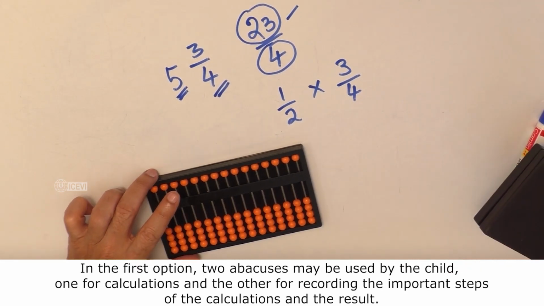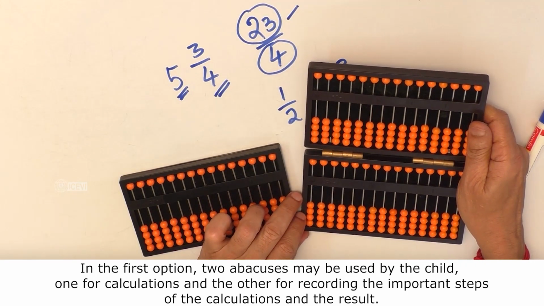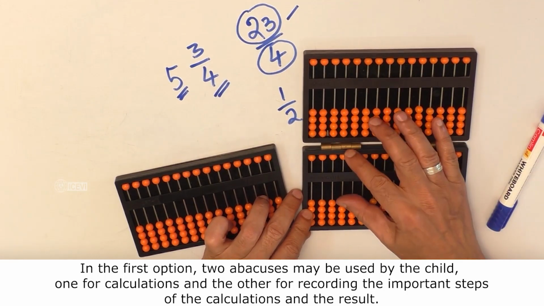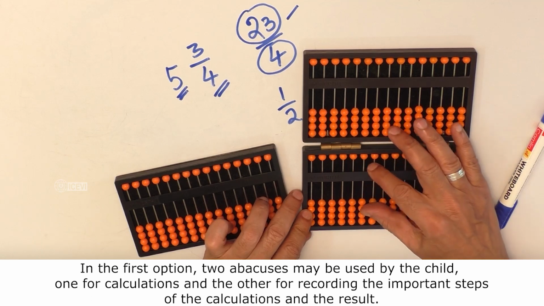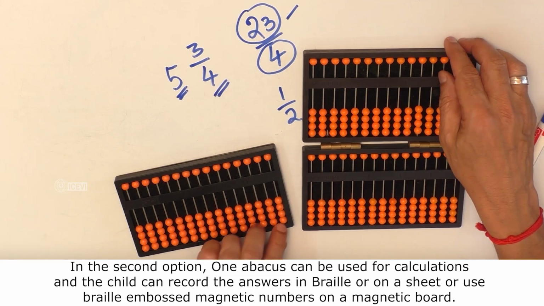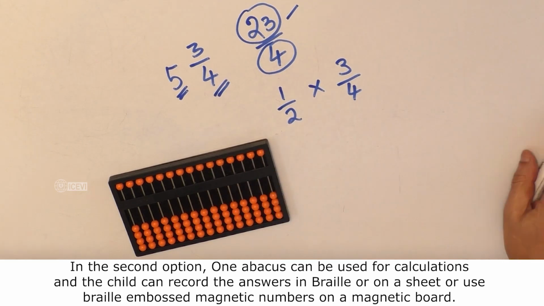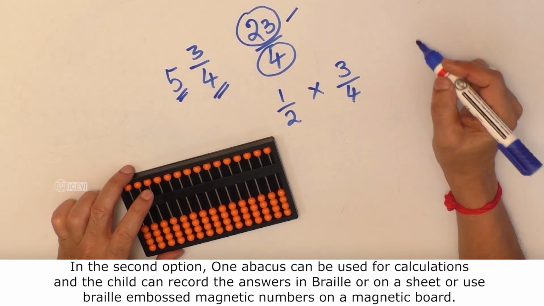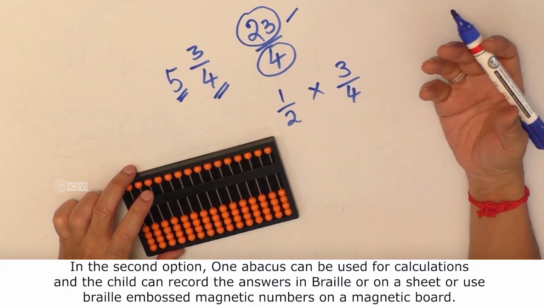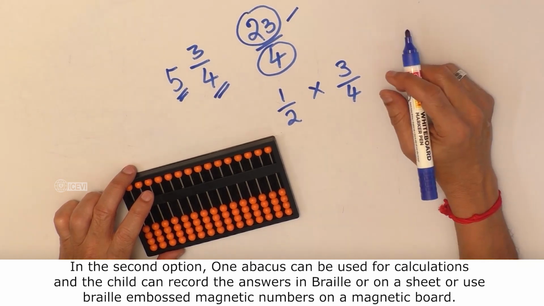In the first option, two abacuses may be used by the child, one for calculations and the other for recording the important steps of the calculations and the result. In the second option, one abacus can be used for calculation and the child can record the answers in braille or on a sheet or using braille embossed magnetic numbers on a magnetic board.